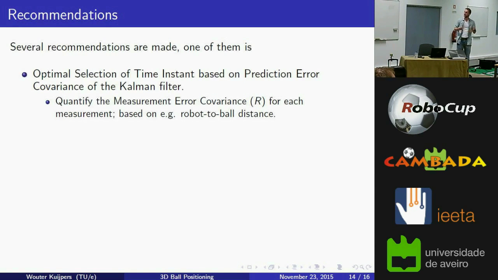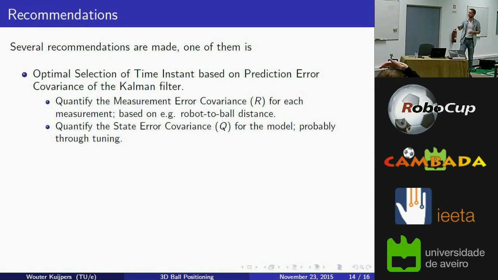For example, if you consider the error covariance of the Kalman filter. You want to get that down as much as possible, because then your belief about the current ball state is best. So if we quantify the measurement error, which could, for example, be the robot to ball distance, if the ball is far away from the robot, the measurement will probably be more inaccurate.